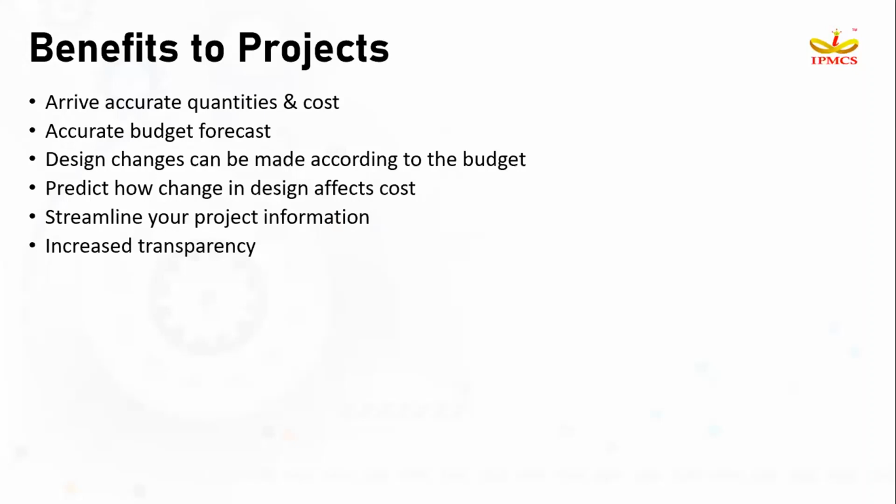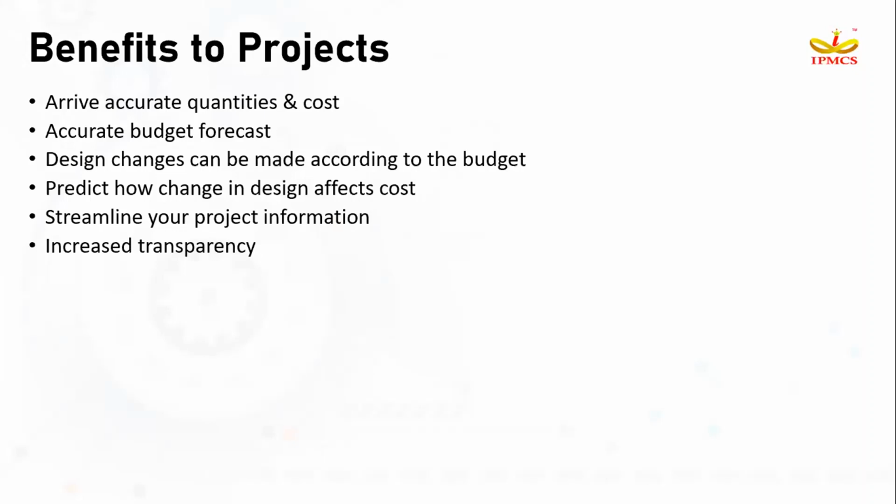When we take up a construction project, our design will frequently be getting updated, be it a 2D drawing or the BIM model. When we follow a digital estimation solution, those design changes can be tracked easily with the solution.